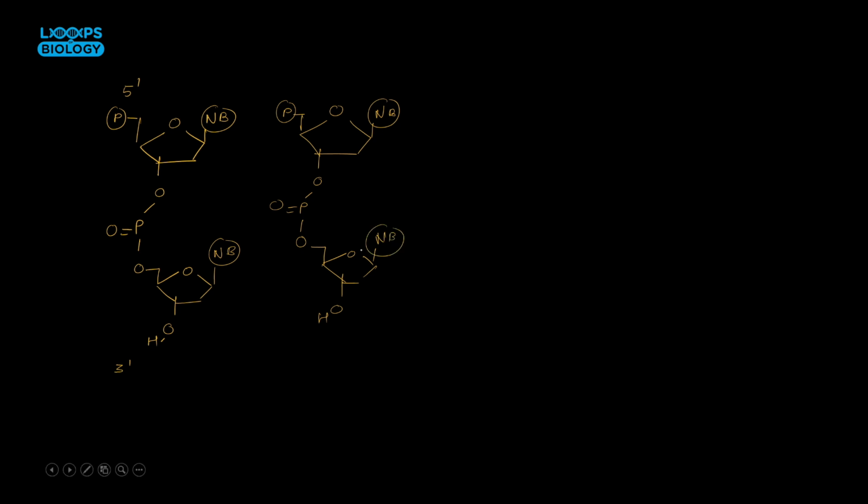Correct? So we have to form hydrogen bonds between nitrogenous bases. Will it be possible if the nitrogenous bases are far apart from each other? It's not at all possible.